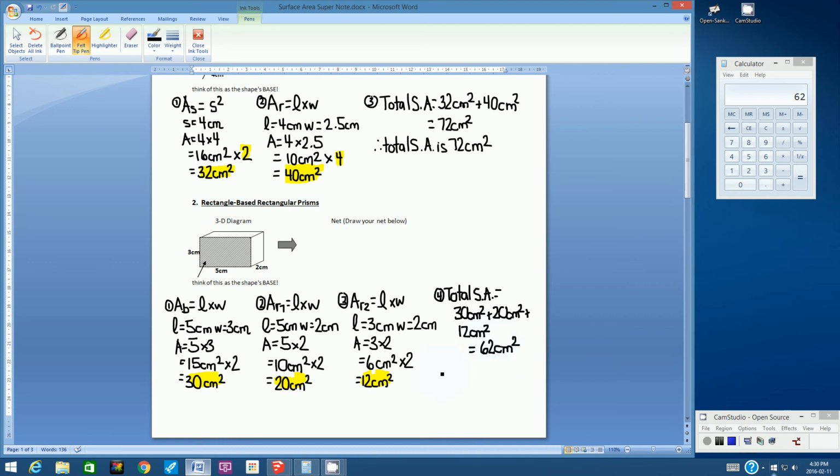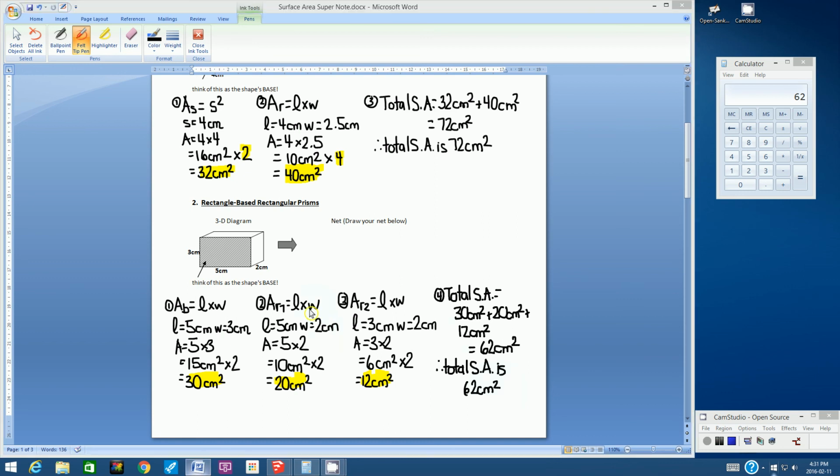Okay, so let's put our therefore statement. Therefore, total surface area is 62 centimeters squared. Okay, so you see that it's slightly different, these two types of rectangular prisms.